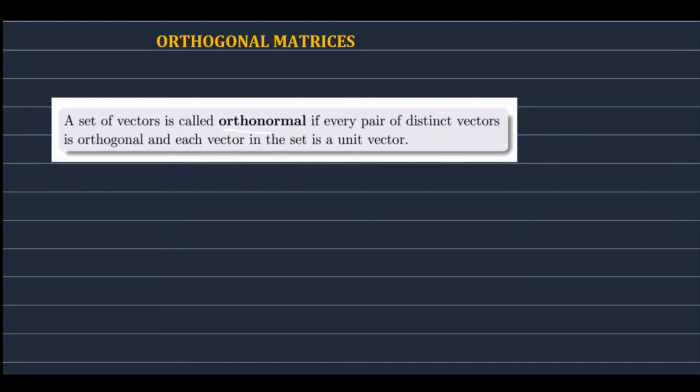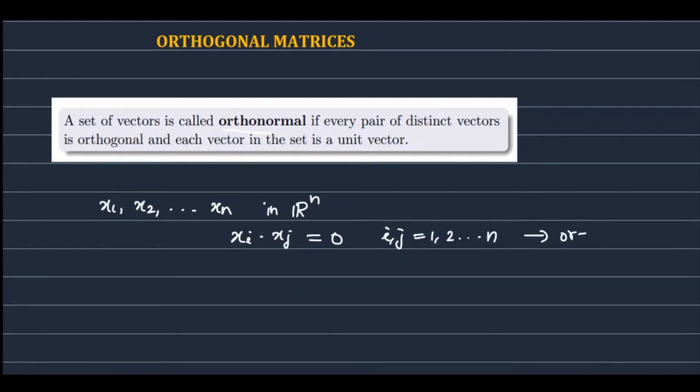For example, if we have n vectors x1, x2, etc., xn in Rn, then this set is said to be orthonormal if they are orthogonal to each other. It means that the dot product xi dot xj should be 0 for i not equal to j, where i, j vary from 1 to n. If this condition is satisfied, they are orthogonal.